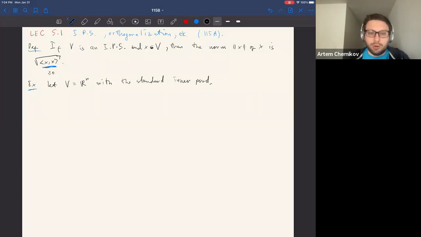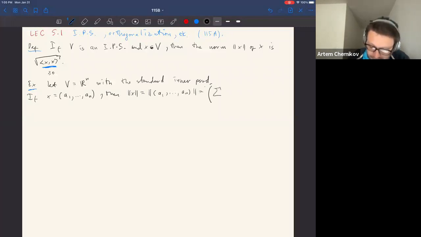Now if X is the vector with coordinates a1 through an, then the norm of X is the square root of the inner product of X with itself, which is the sum for i equals 1 through n of ai squared, taken to the power 1/2.